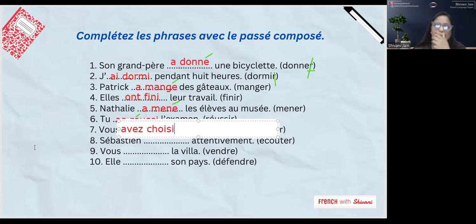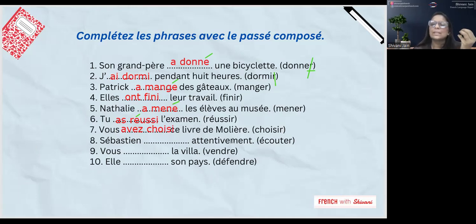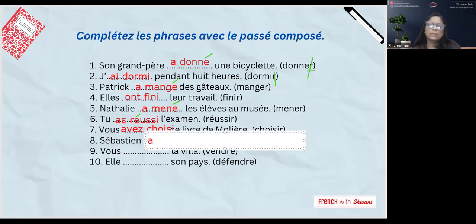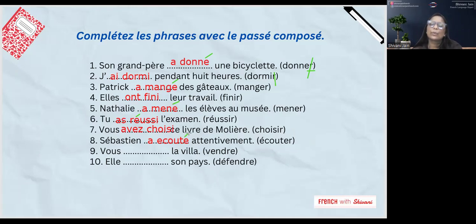And vous avez choisi ce livre de Molière. Okay. Huitième, Sébastien. ER ending verb. Third person singular. So you cancel R and you put accent aigu sur la lettre E. Sébastien a écouté attentivement.